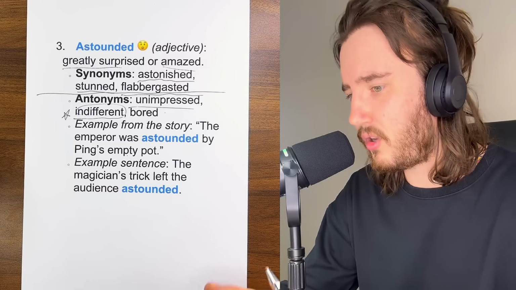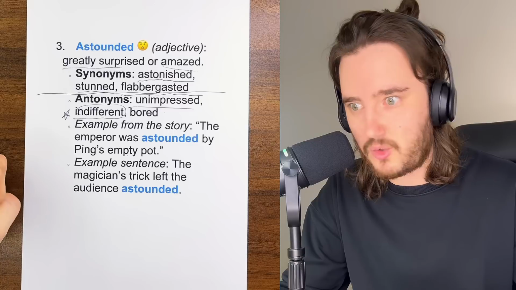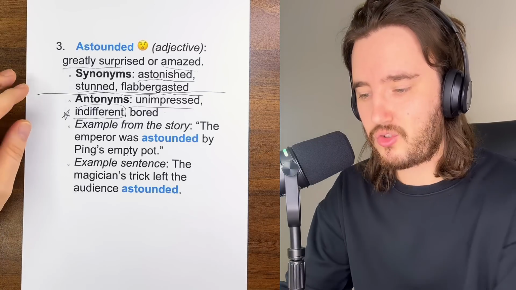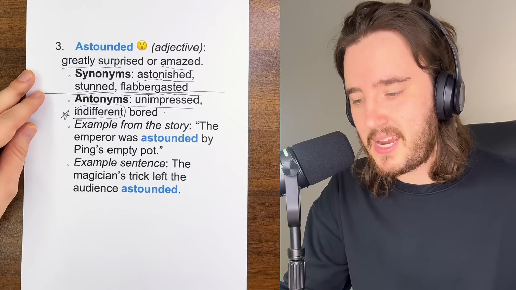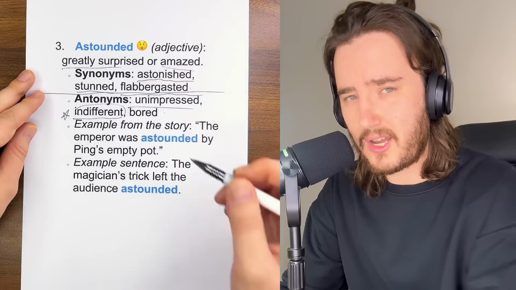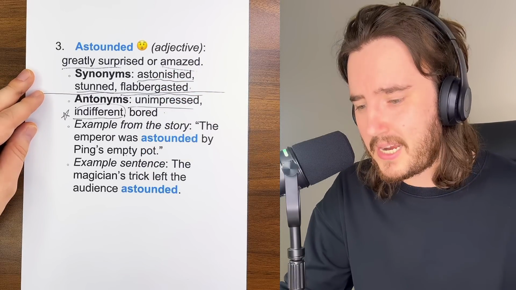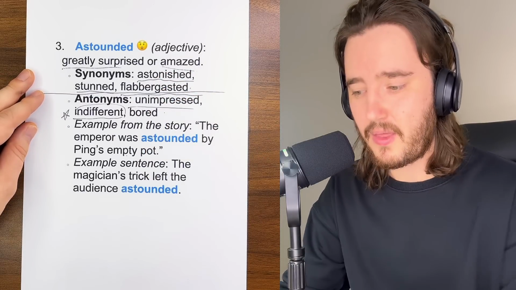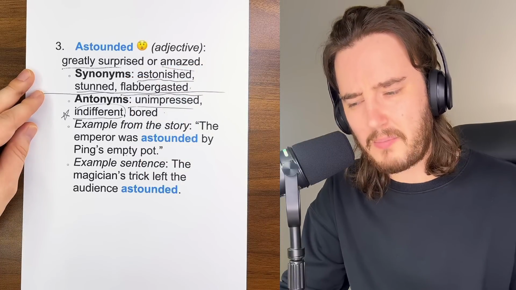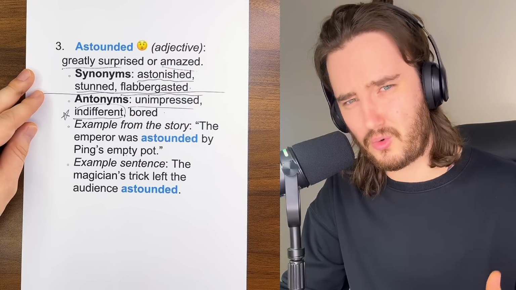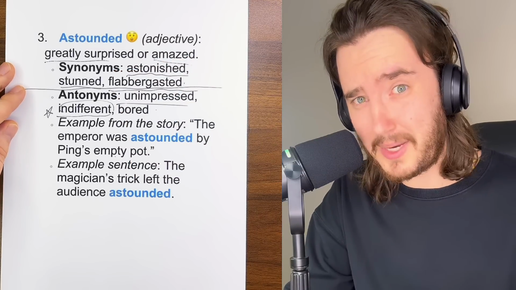So the emperor's looking at Ping's pot, he's wide-eyed, he is totally flabbergasted, he is astonished, he is stunned by Ping's empty pot, and honestly, everybody who is watching this happen, they feel stunned as well, but they feel really confused, right? They're like, what is going on?